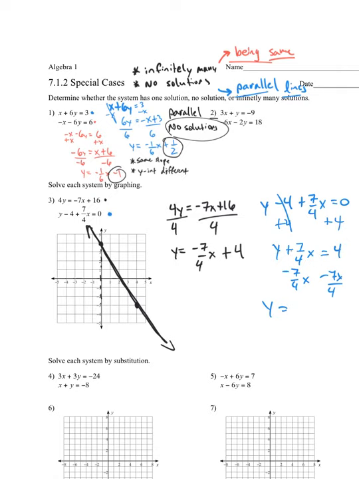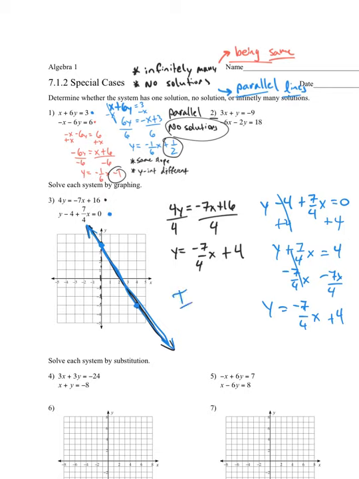And we've got y equals negative 7/4 x, and that's a plus 4, positive 4. Hey, guys, these equations, they're the same. The y-intercept at 4. Slope down 7, right 4. Guys, if we graph them, they're the same line.